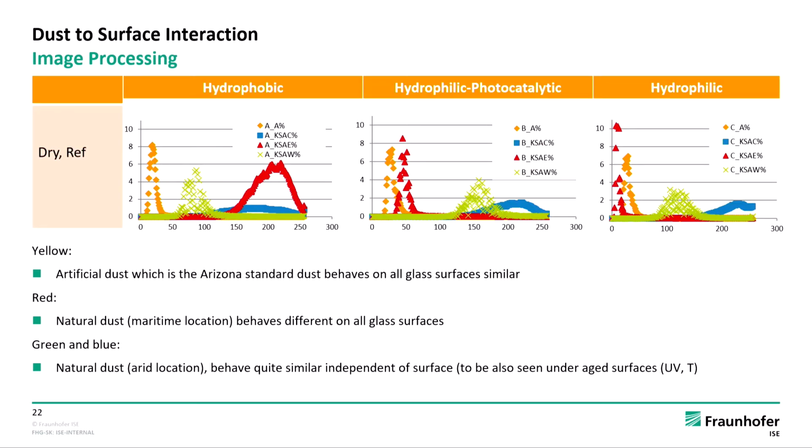The next slide is also some really nice insight of our image processing results, which again has some dry soiling, as I presented how to do, and the reference, which is an unaged glass of 3 different types of glass. I would like to point out here, if you see the yellow line, that the yellow line is really behaving differently.